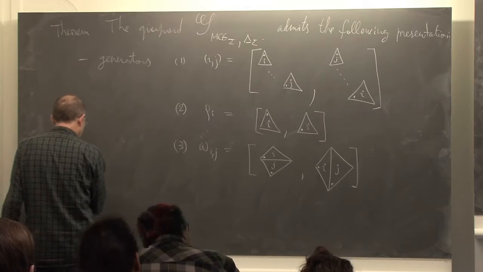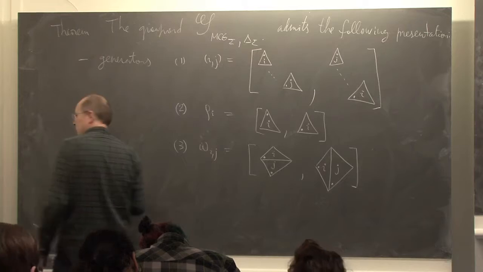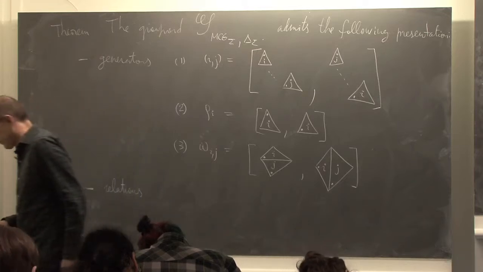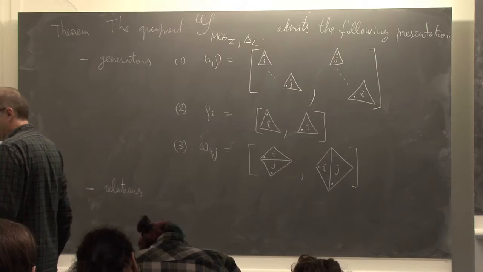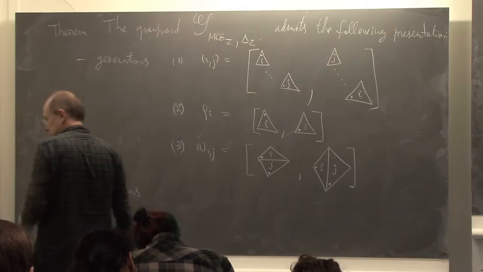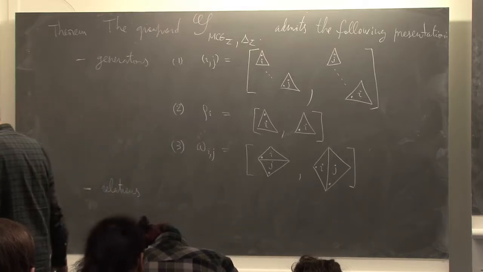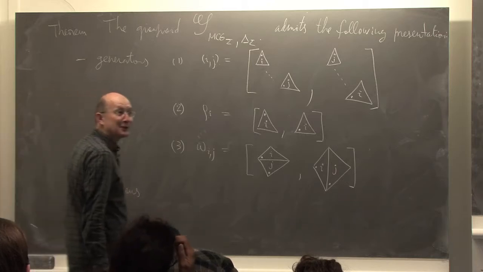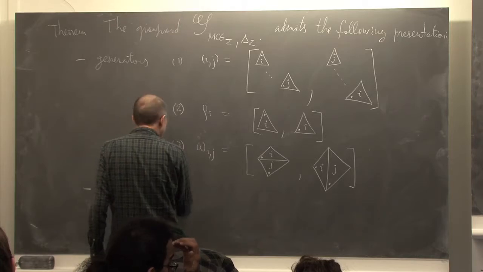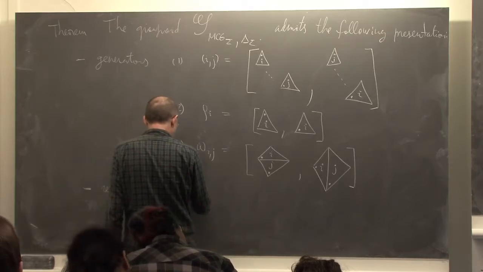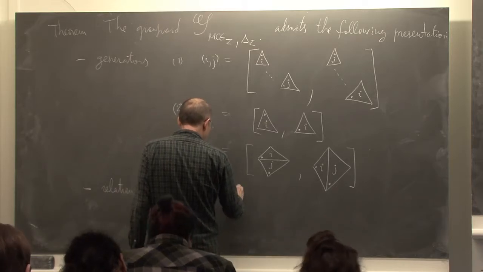And now, next, the set of relations. So there are 6 types of relations. So the first relation is the most evident one, maybe. ij is equal to its inverse.